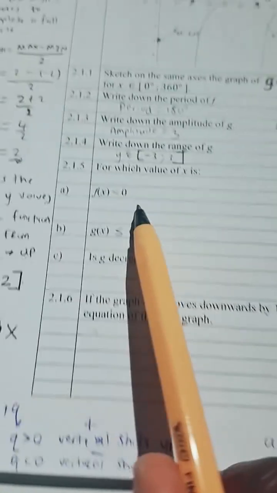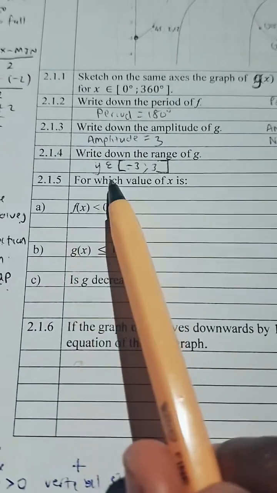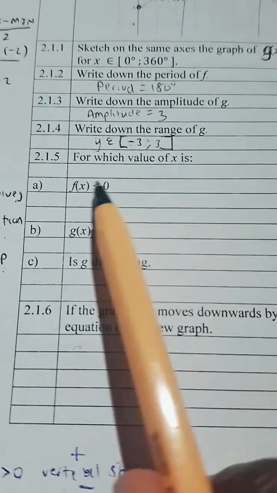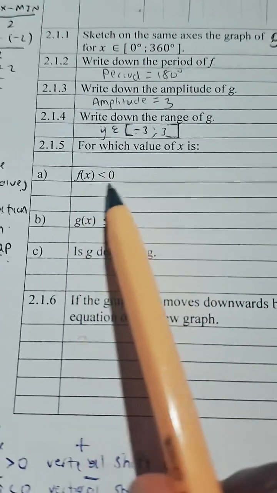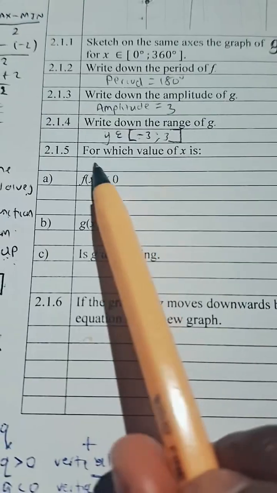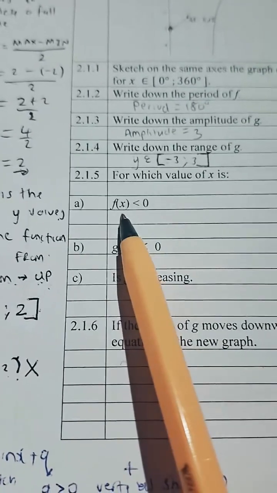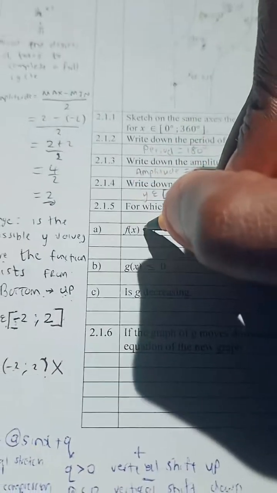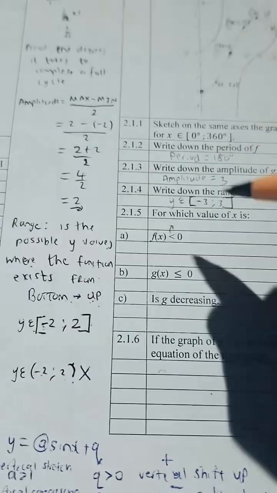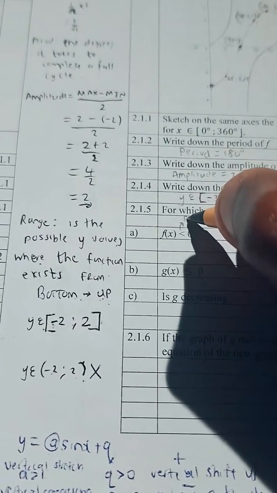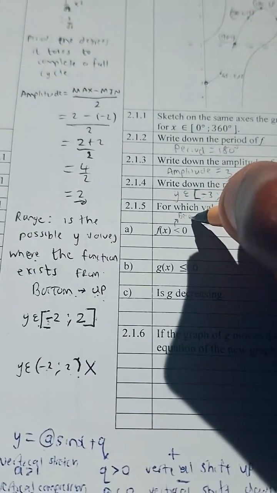Let's move on to 2.1.5. For which value of x is f of x less than 0? Now remember, who is f? F is the tan graph. Now we are asking, where is this function? Remember, what did we say less than means? It means below or underneath.